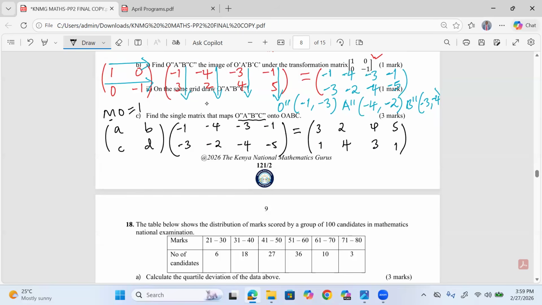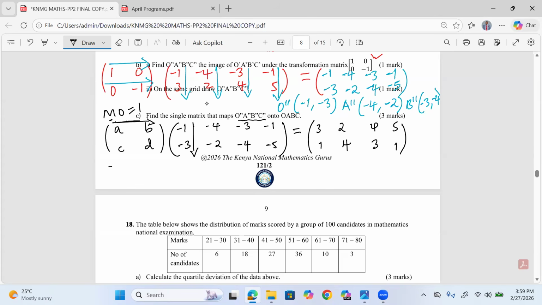This is what we are supposed now to solve until we get the unknown matrix, till we get the elements in the unknown matrix here. Therefore, we start with this row times the first column here, which should give us the first element. We know that.